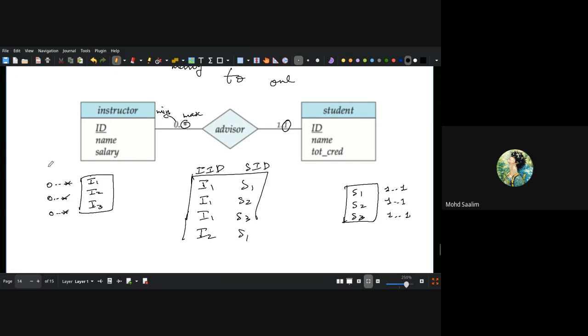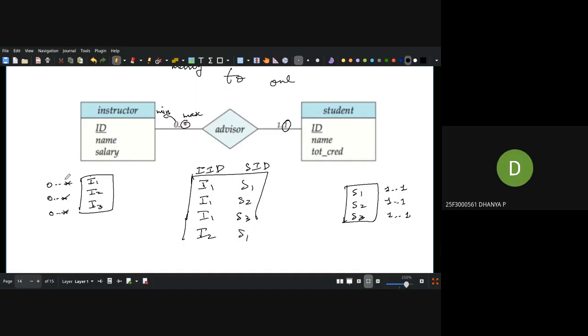So the 0 means if you don't want to participate, it's okay. The star is saying you can eat as many as you want. Now is it easy to understand? This 0 is saying if you don't want to eat the sweet, it's fine. This star is saying you can eat as many as you want.